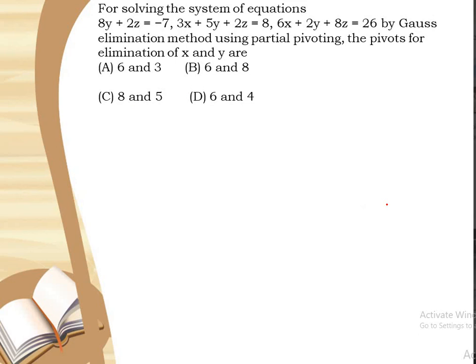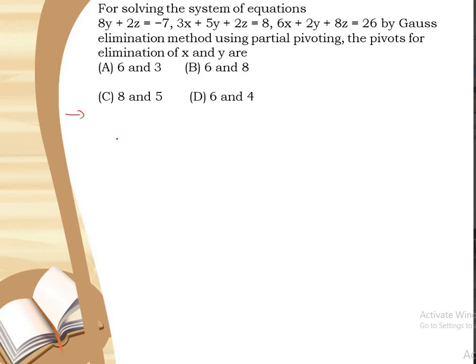Now the next one: for solving the system of equations 8y plus 2z equal to minus 7, 3x plus 5y plus 2z equal to 8, 6x plus 2y plus 8z equal to 26, by the Gauss elimination method using partial pivoting, the pivots for the elimination of x and y are, options: 6 and 3, 6 and 8, 8 and 5, and 6 and 4.